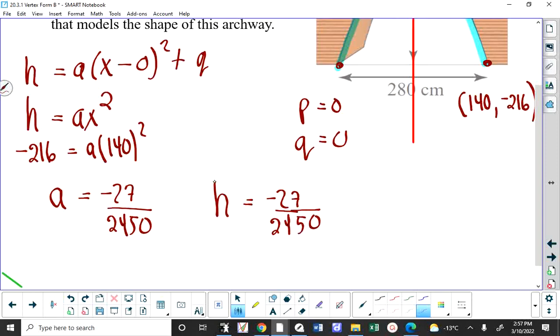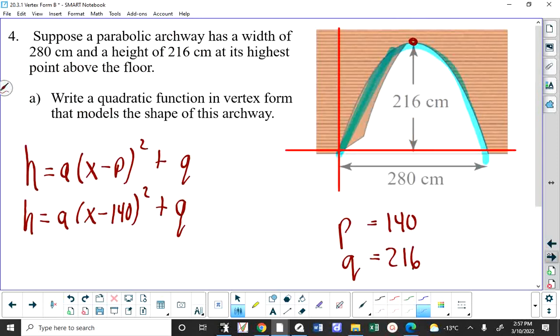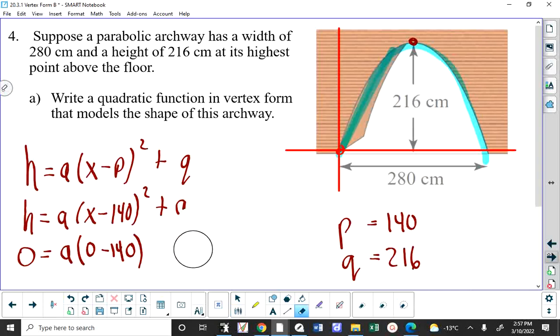As just a little extension for some of you, it's interesting because if you do it this way, you could put in 0, 0. That's a point on the parabola. And if you put 0 here and 0 here, and I forgot to write in my Q. My Q was 216.